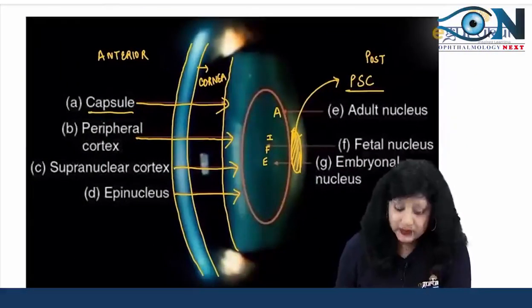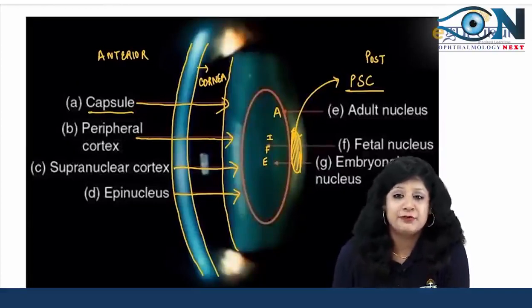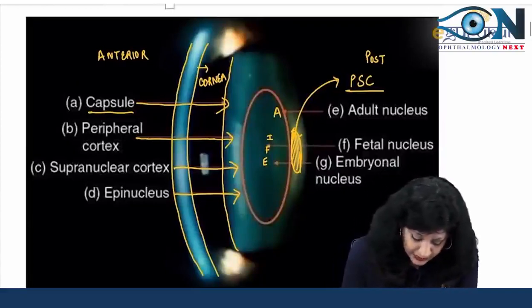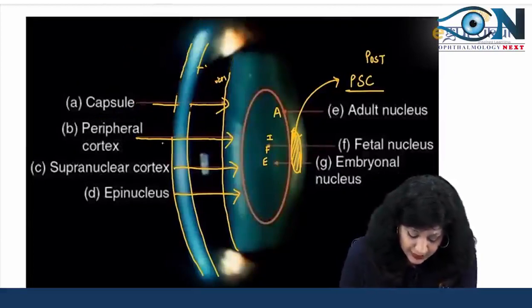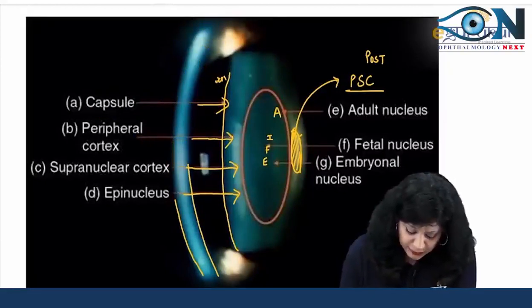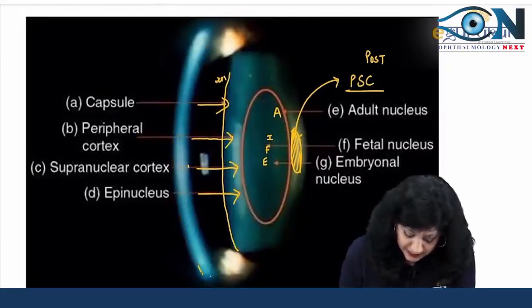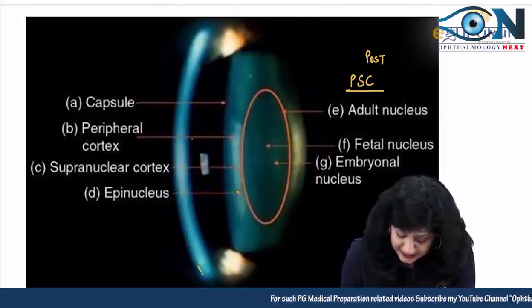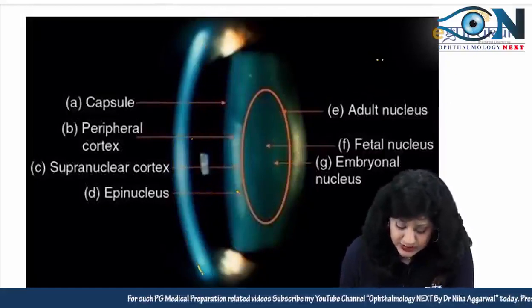Now if you see here, this is the slit lamp photograph, and I would like to show you how to analyze it, because many times I get this query: how will I get to know what is the anterior side and what is the posterior side.